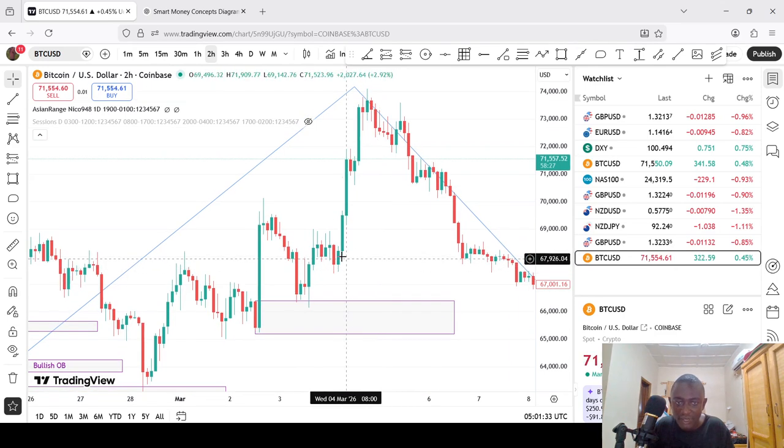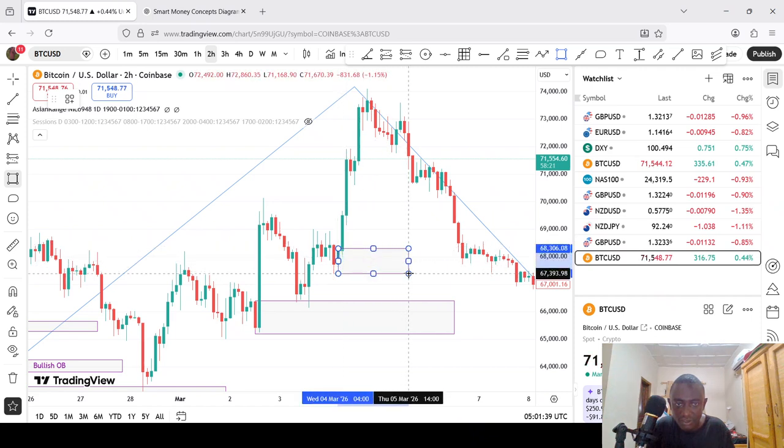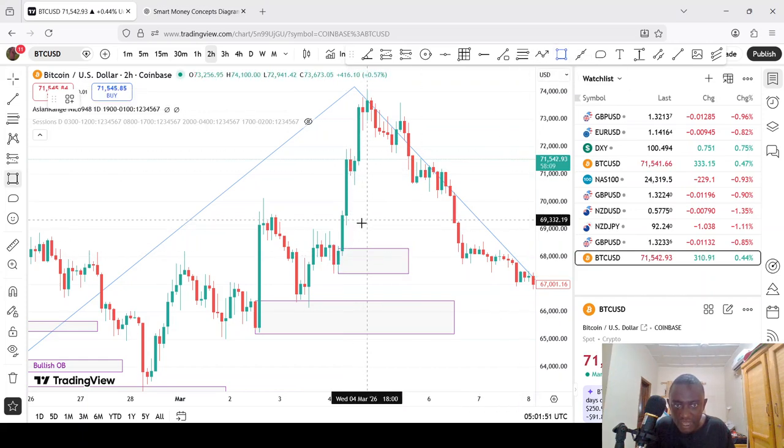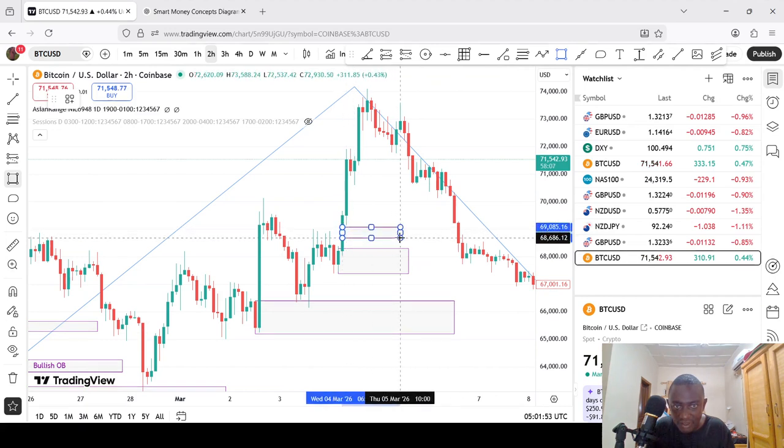Okay, just look at this place too. We had price just around this zone. We had this strong move, then another strong move. Here the sellers pushed it small, but it didn't come all the way down to this point. So it means our fair value gap is just this place.